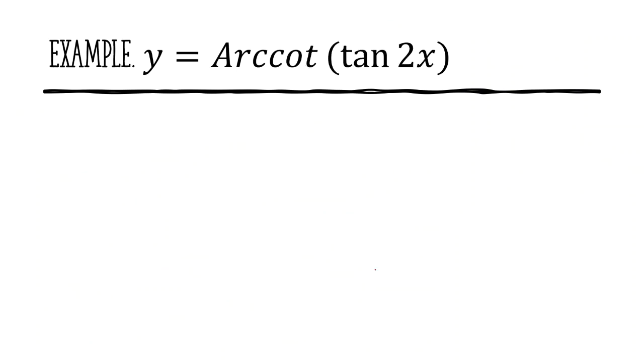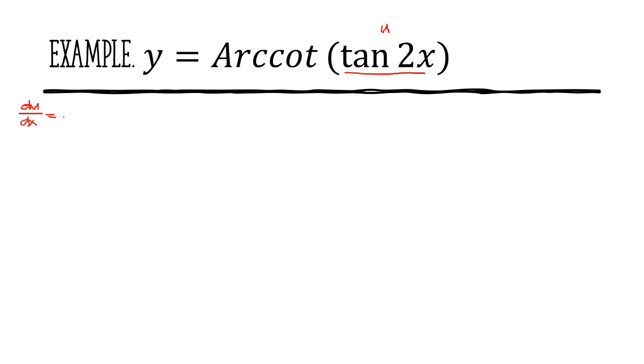So we now have our second example, which is the derivative of y, which is equivalent to arc cot of tangent 2x. So as you can see from here, tangent 2x is our u. So that means we also need to find the derivative of our u with respect to x.